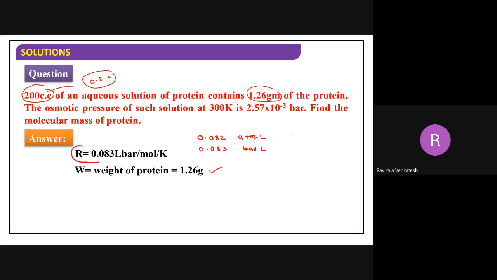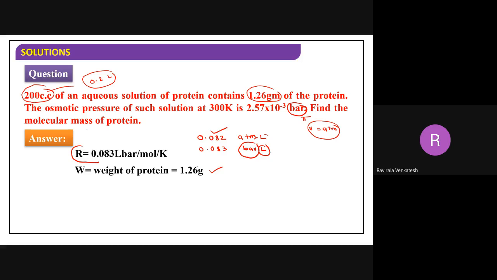If the osmotic pressure pi is given in terms of bar, then definitely R must also be in bar. If pi is given in terms of atmosphere, for example 2.57 into 10 to the power minus 3 atm, in that case this will be the R value. If they give 2.57 into 10 to the power minus 3 bar, you take 0.083.